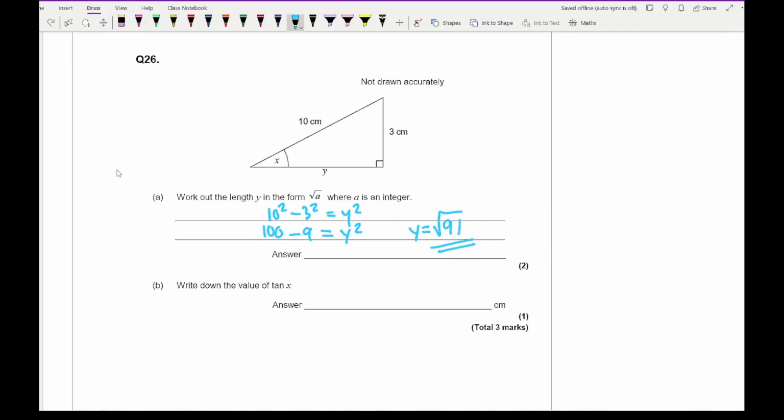And I don't think that can simplify, so we'll leave it as is. Then we can write down the value of tan x. Tan x is equal to the opposite over adjacent. So tan x is going to equal the opposite, which is 3, over root 91. And that's exactly how I leave the answer. And there we go.